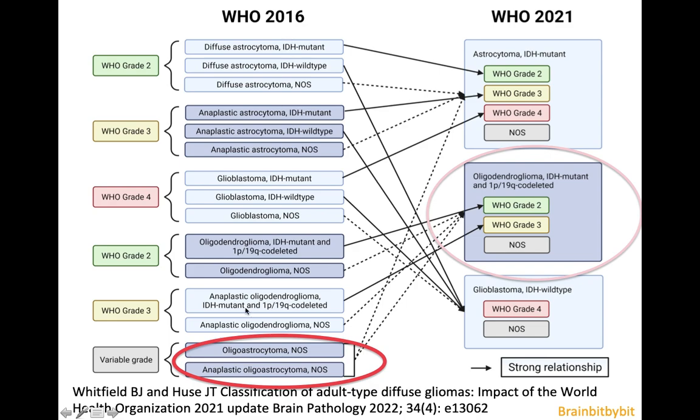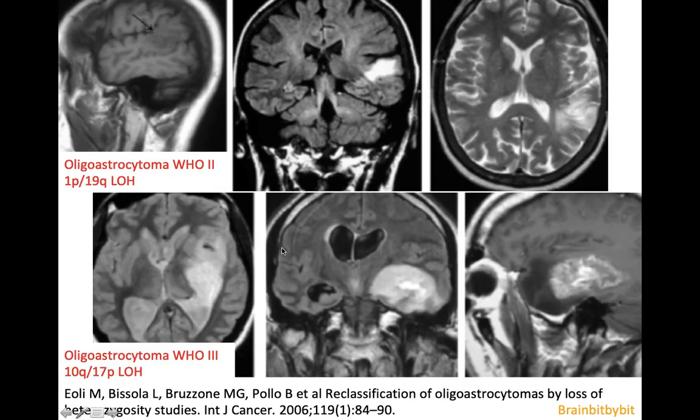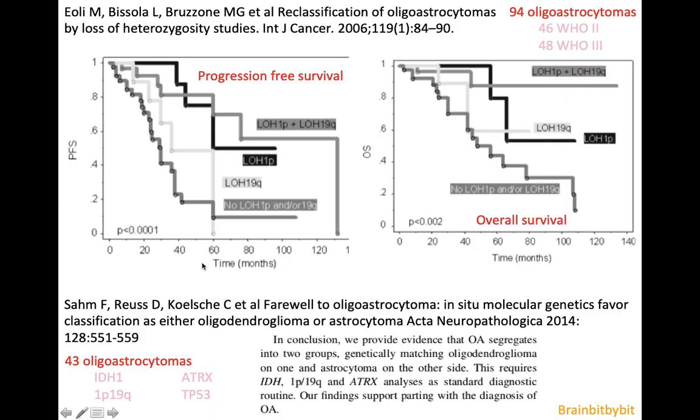In 2016, there were still oligoastrocytomas, and for oligoastrocytomas, the same thing happened as with oligodendrogliomas, and they started dividing them into 1p19q codeletions and oligoastrocytomas without this deletion. And also in the oligoastrocytomas, the 1p19q was an important predictor of progression-free and overall survival.